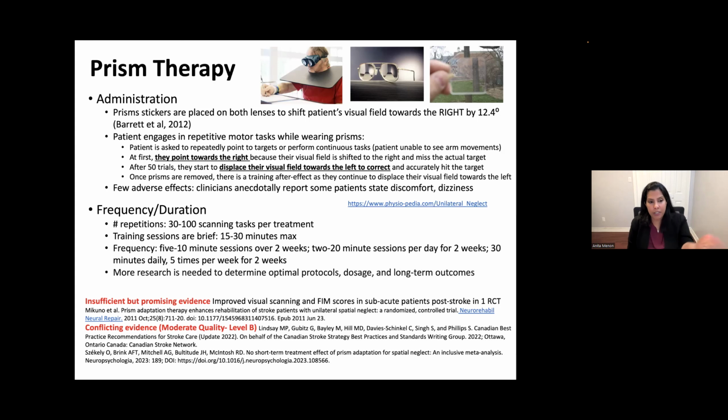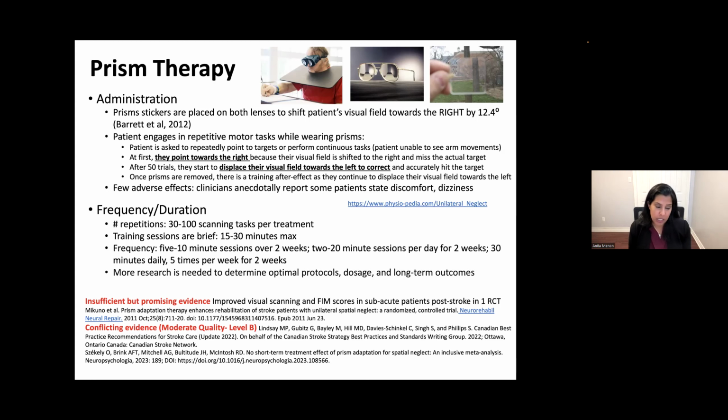This is the frequency and duration that's been documented in the literature. Again, although there is promising evidence for its effectiveness, and clients have been found to have improved visual scanning and improved FIM scores when using prism therapy, more evidence needs to be generated.